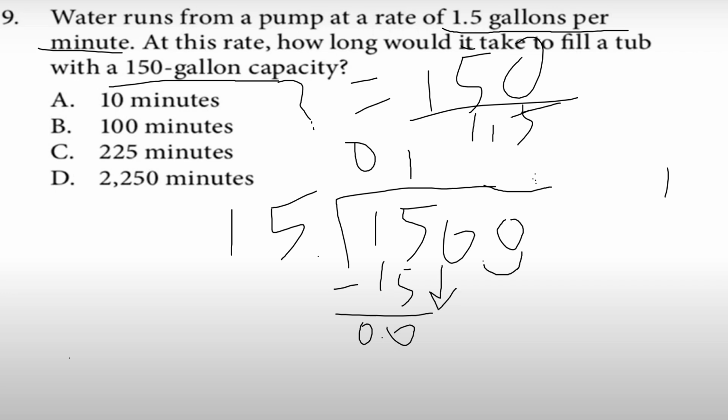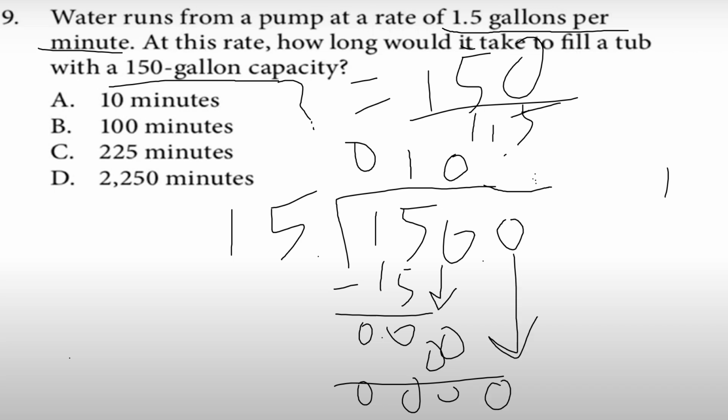We have to bring this down. 15 goes into 0 zero times. So we got 0, 0, 0. Bring that 0 down, and that gives you 0. So you end up with 100.